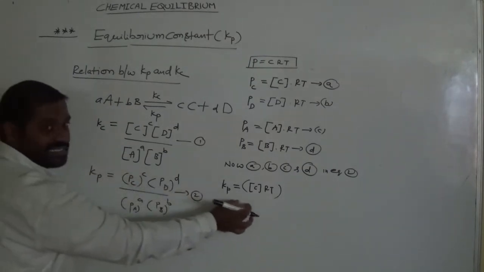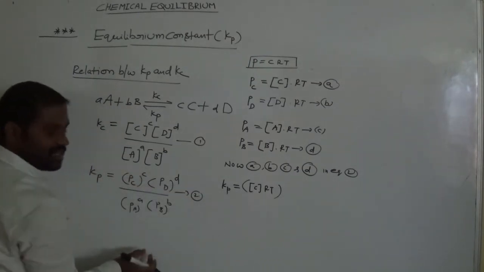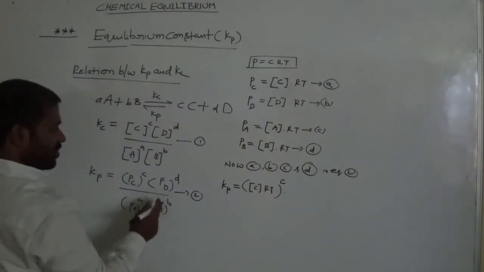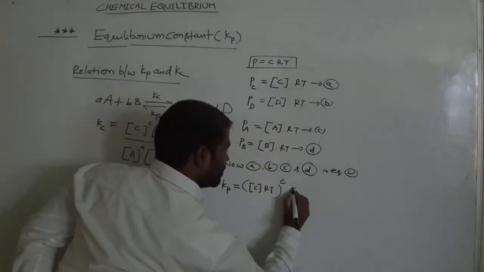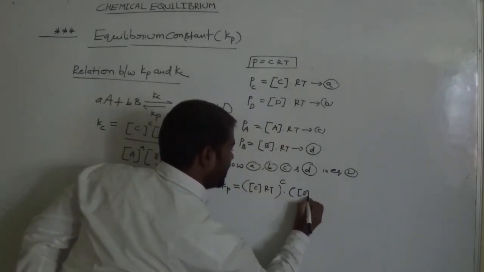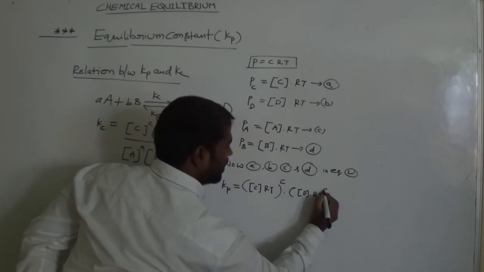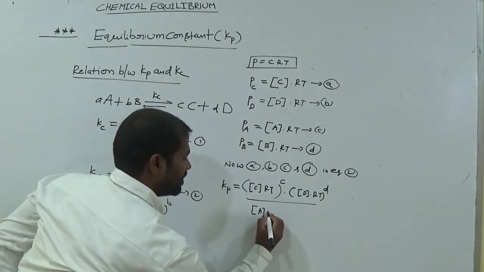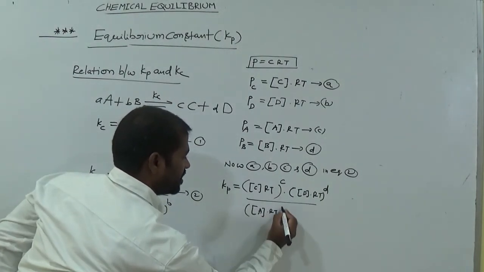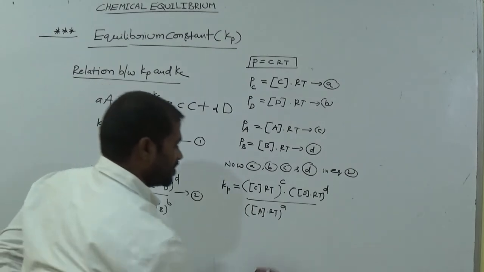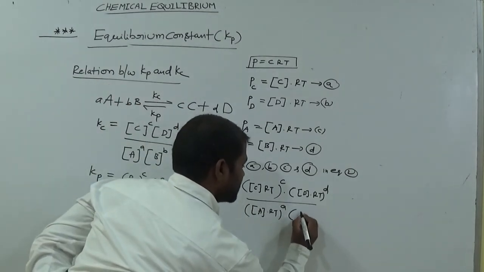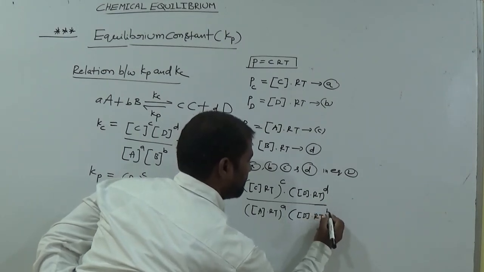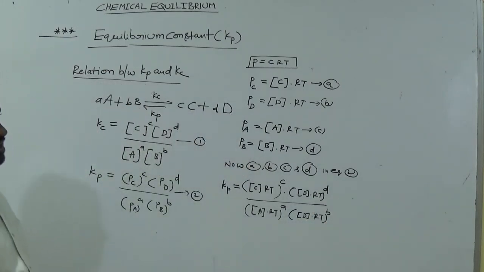Here I just write the Pc value. Now what is the power? c, as usual. Into, what about PD? Molar concentration of D into RT whole power d. Come to here, molar concentration of A into RT whole power a. Am I right? Come to here, molar concentration of B into RT, what is the power? b. Is it clear?